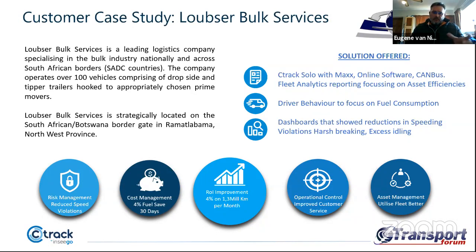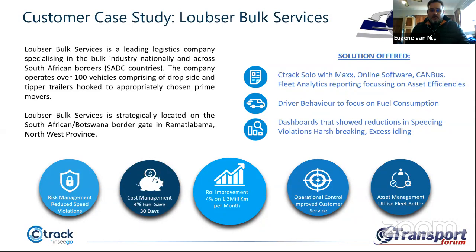Now, if you think that those vehicles are doing approximately 1.3 million kilometers a month, you can actually calculate the fuel consumed. And if we work at a very conservative 2 kilometers per liter of fuel consumption on a heavy commercial vehicle, 4% equates to roughly about 360,000 Rand, which is significant. And by focusing only on one element of driving behavior, they were able to achieve this.